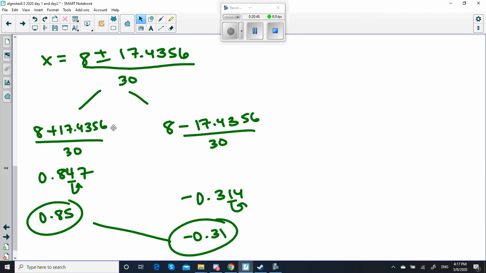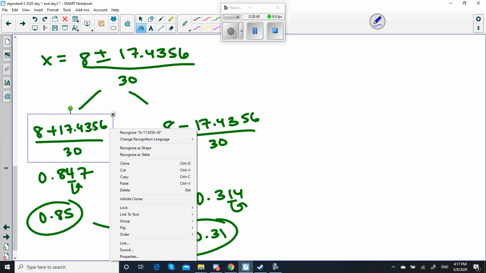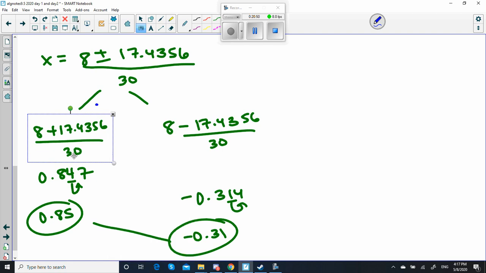You can't type it all in at once because divide comes before add in PEMDAS, and you'll get them all wrong. Do the add part, hit equals, get an answer, and then divide that by 30.